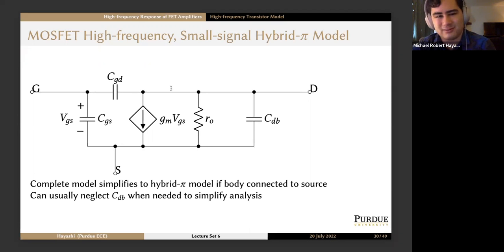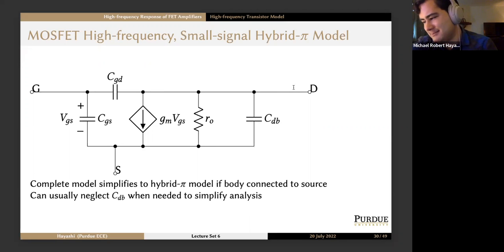So to keep consistent with the output, we'll say output current is gm vgs minus s CGD vgs, approximately equal to gm vgs. CGD, like I said, is one of the smaller capacitances, so hardly any current is going to flow through it up until this unity gain frequency we want to find. So we'll just make an approximation: output current is just gm vgs. All the current flows through this dependent source.